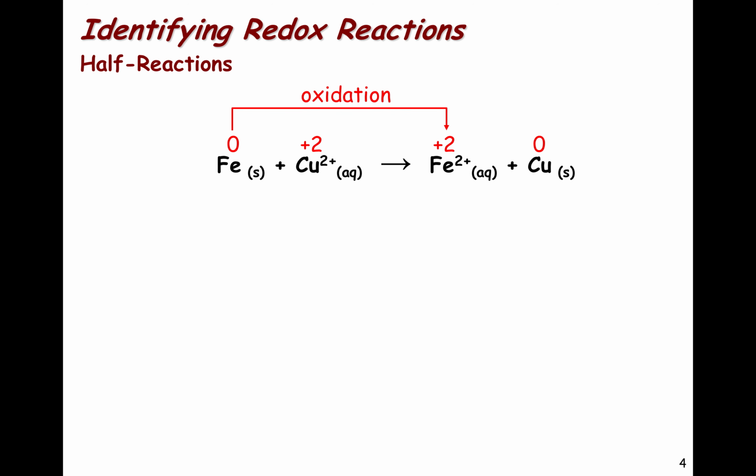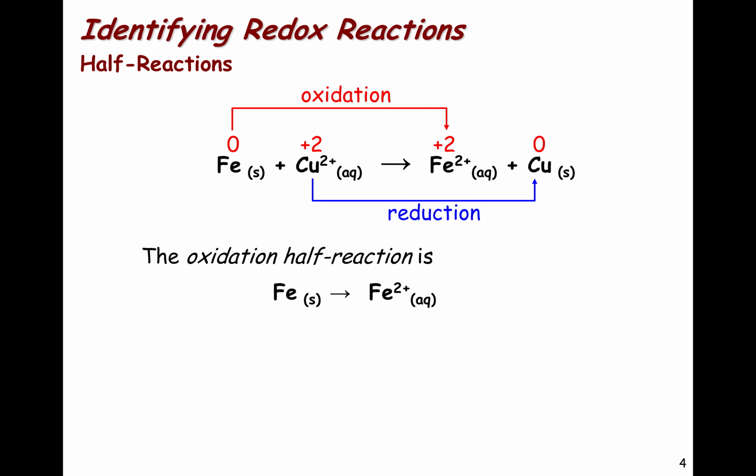So we can see that the iron is going to a higher positive oxidation number, so this must be as a result of losing negative charge, in this case the electrons, and by definition that is an oxidation. Whereas the reduction, the lowering of the oxidation number, is a process where the copper 2 plus ions are gaining 2 electrons to become copper metal.